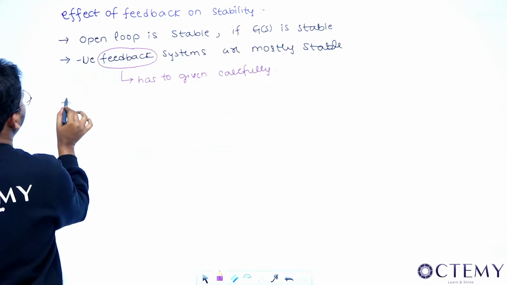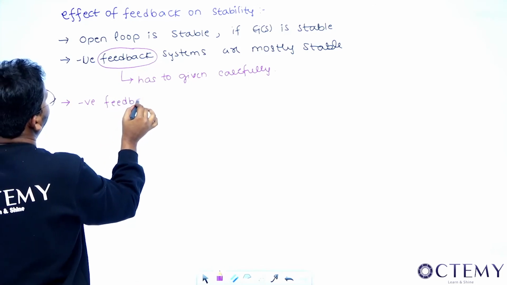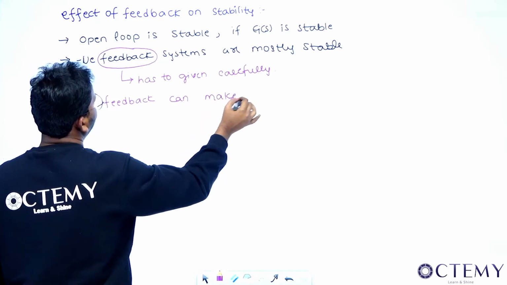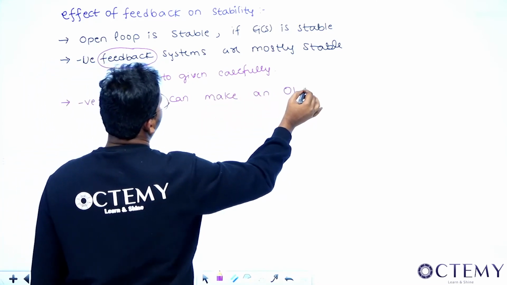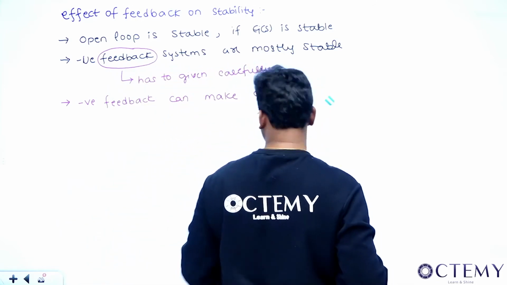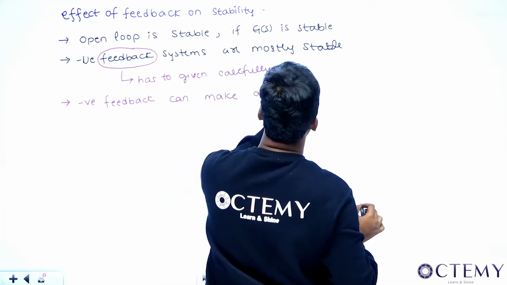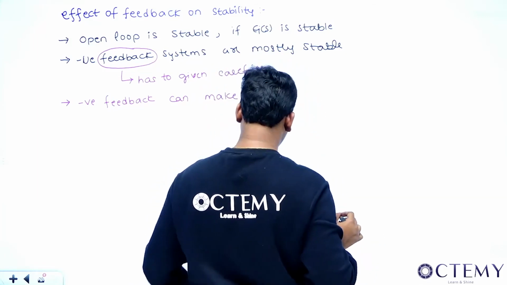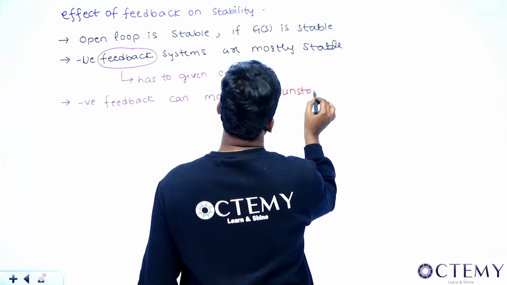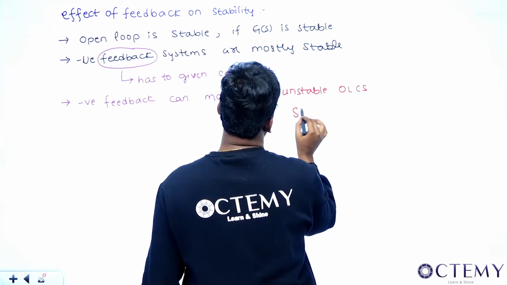One more point I could say is that negative feedback can make an unstable open loop control system stable.